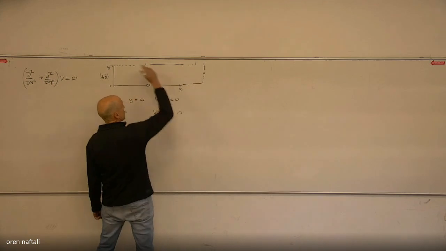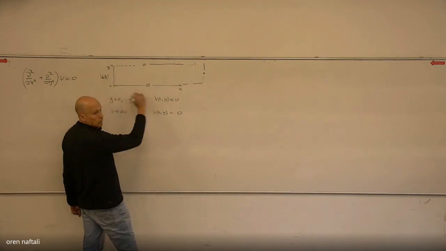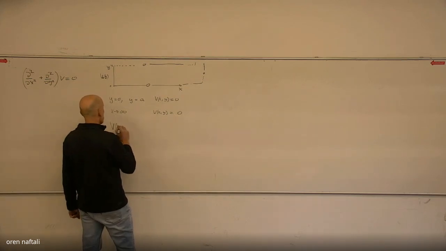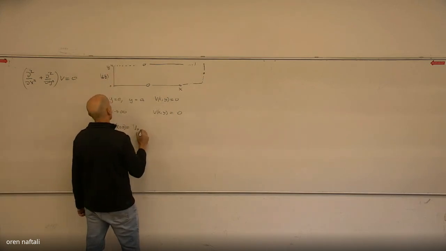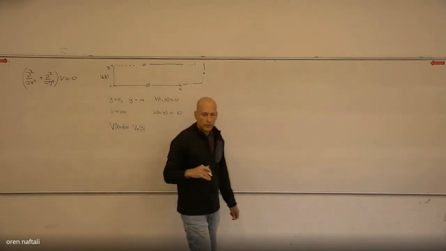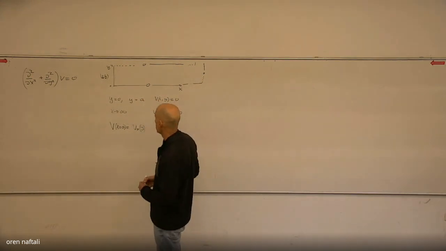This is this line. These are these lines. And at x equals 0, it's V0(y). Later we will define what this function is, but we start with the general function.